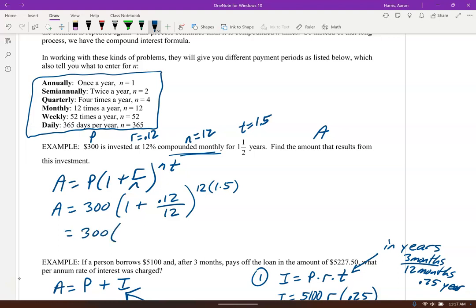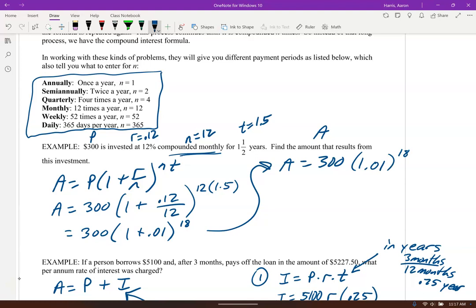And of course, we have 0.12 divided by 12 on the inside, which is 0.01. 1 plus 0.01. So again, please excuse my dear Aunt Sally: we do the parentheses first. Now we'll take it to the 18th power.